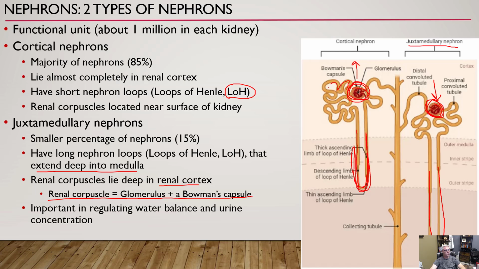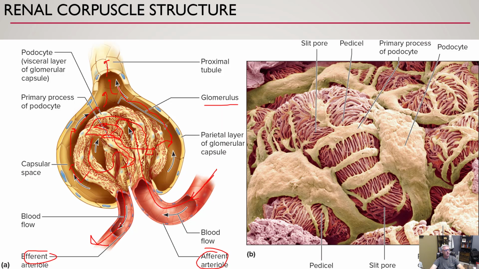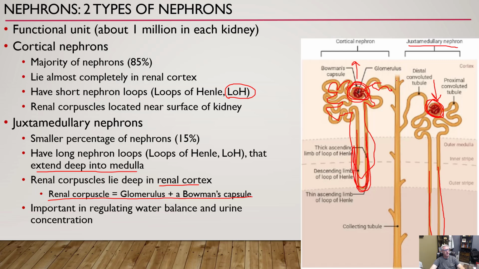So all of this coiled portion, the loop of Henle, the more coiled portion, exits that glomerular capsule and extends to the collecting duct. So if we go back here, this would be the collecting duct, or sometimes called the collecting tubule.